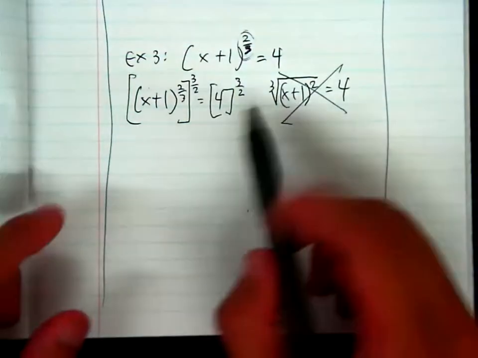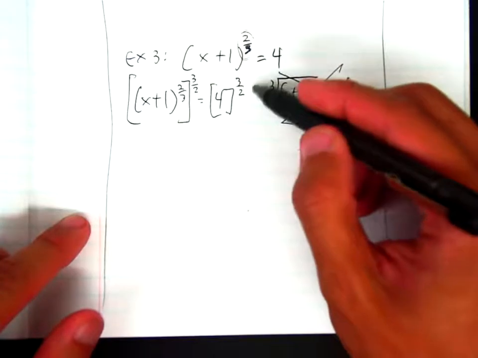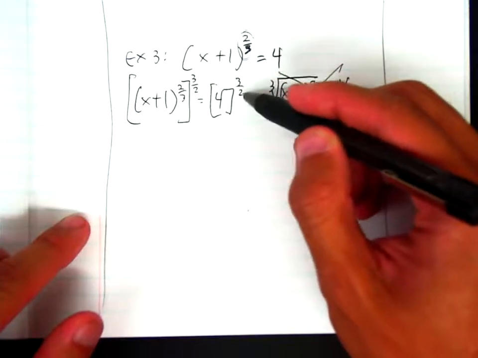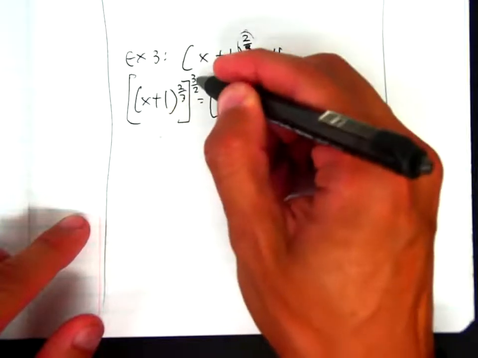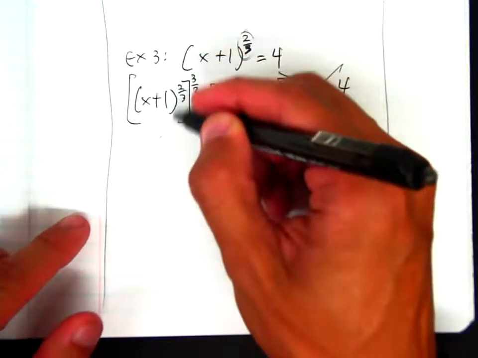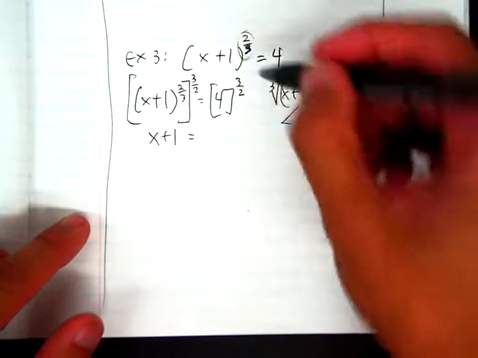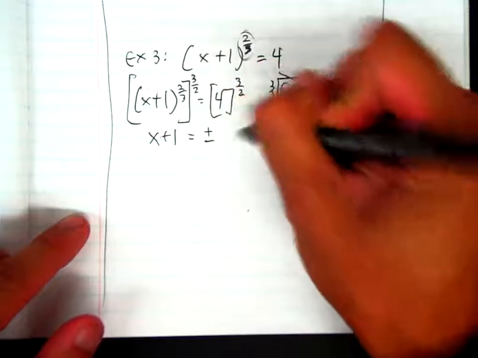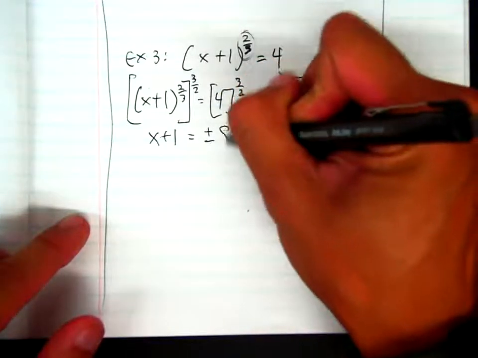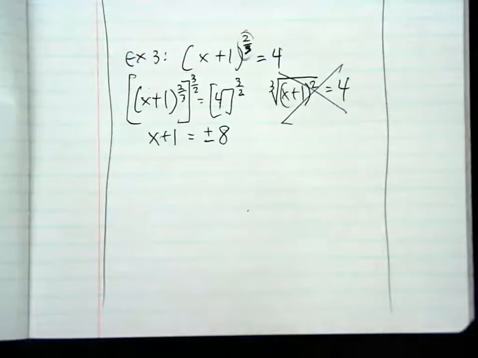The only important thing is you have to remember the 3/2 power is the square root, and then I'm going to take it to the 3rd power. So whenever I take the square root, I got to write plus or minus. So this will just be x plus 1. This one is the square root of 4, so it's going to be plus or minus 8, because the square root of 4 is 2, and then 2 cubed is 8.